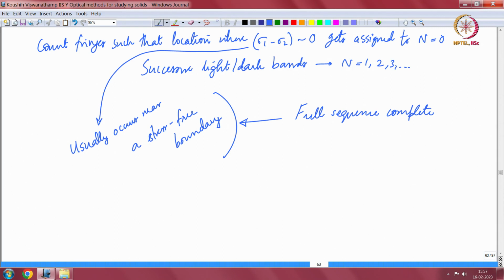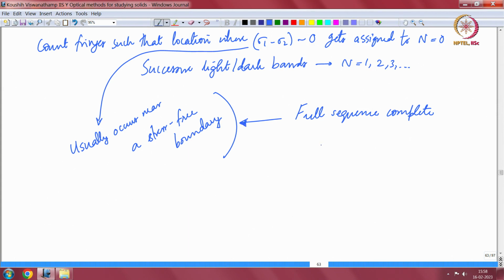Remember, you are only calculating sigma 1 minus sigma 2. In principle you can superimpose a hydrostatic pressure and you will not see a change in the fringe pattern if it is purely elastic, but nonetheless you will get a full field recovery for a plane stress deformation problem.